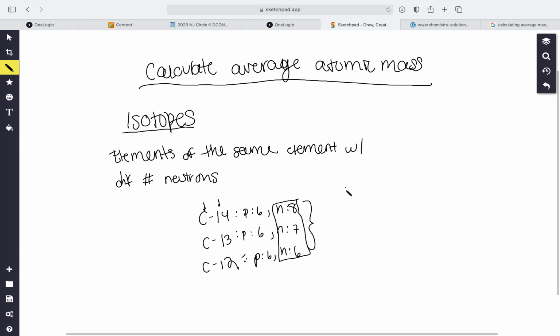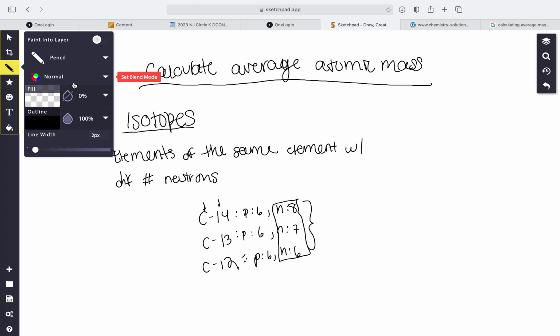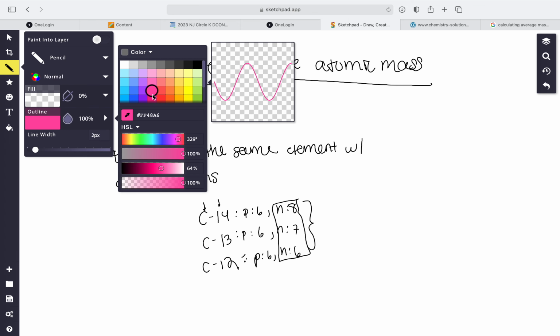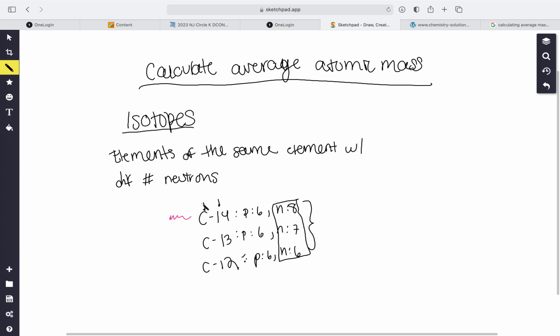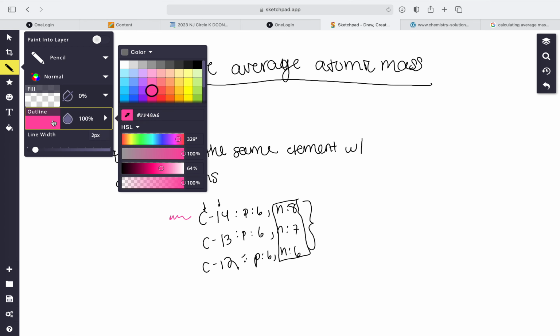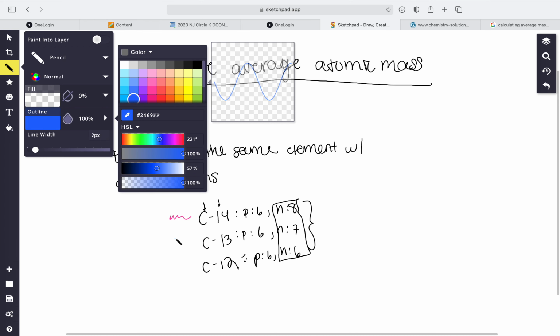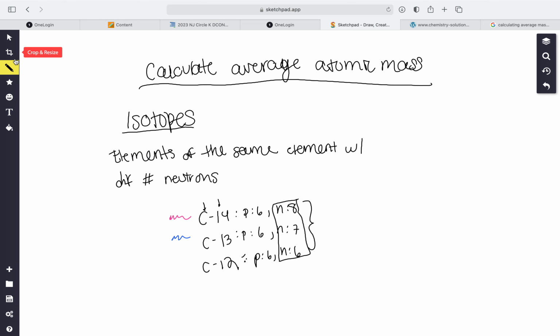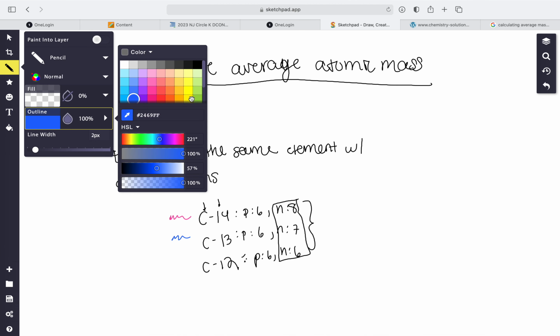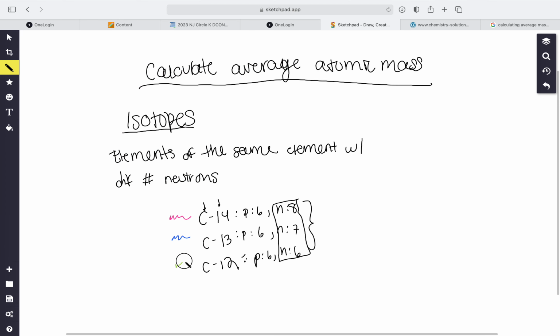During these calculations, we're going to be given the percent abundance of something, so then we can calculate the average mass. Let's say carbon 14 is blue, and we'll make carbon 12 green.